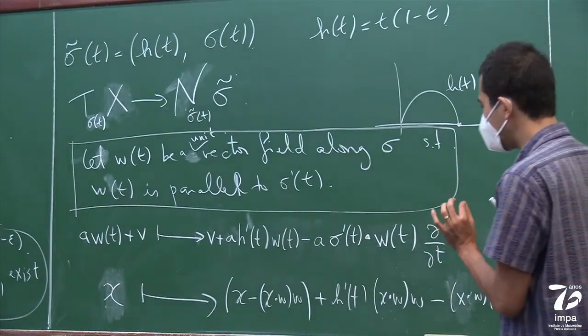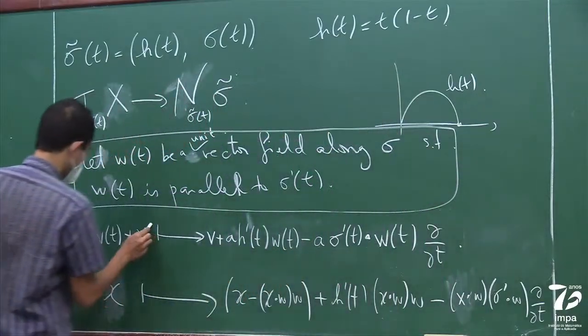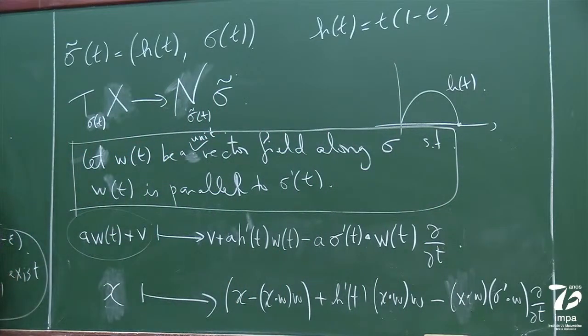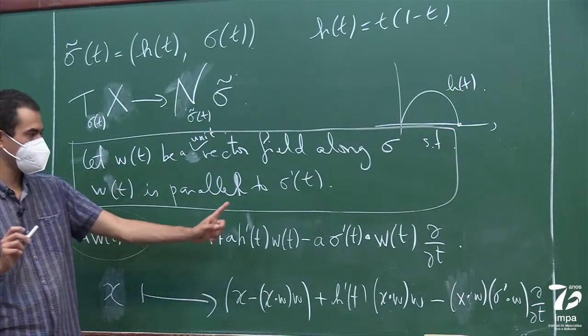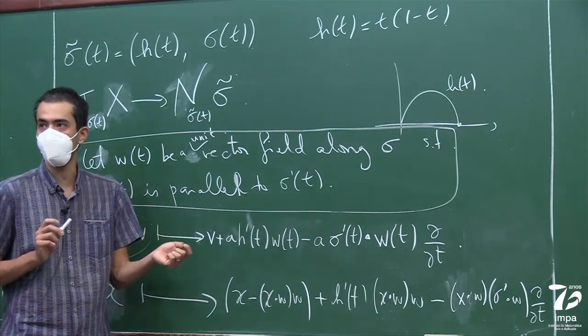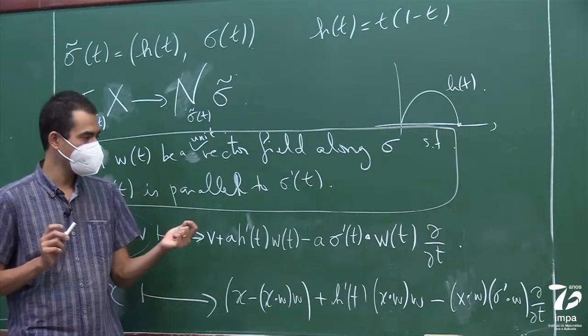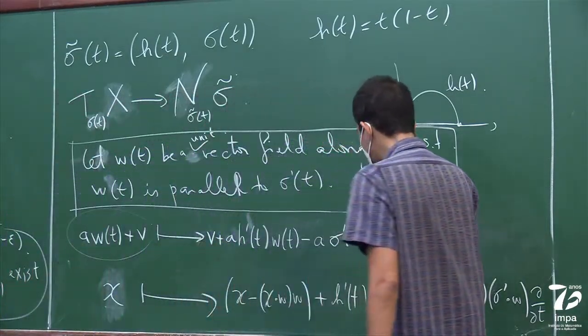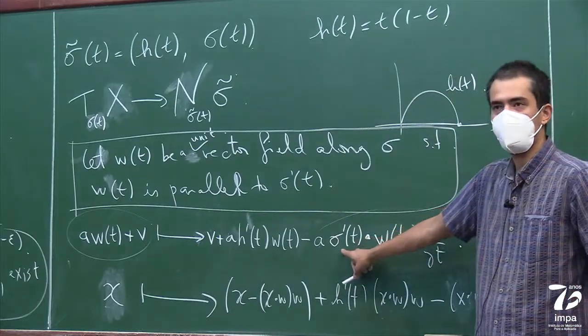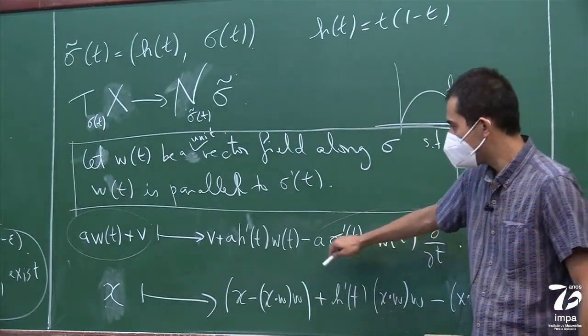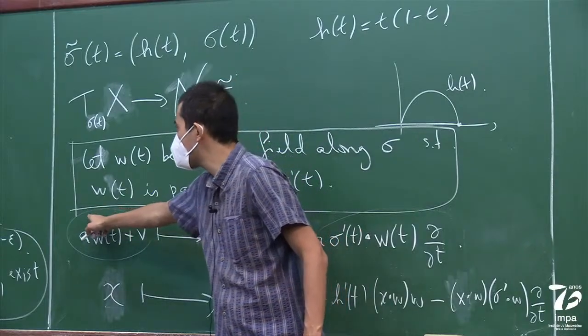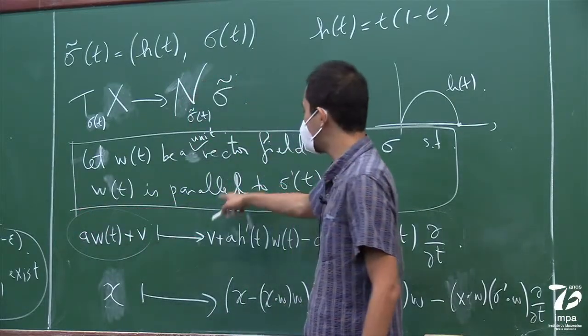But in particular, you see that what's kind of nice that's happening is the orientation. So what's happening with the orientation is when you get close to t equals 0, t equals epsilon, or t equals 1, then this part here will be 0, because sigma prime will be 0. So really, you kind of see that there is a map from the tangent space to x to the tangent space to x.